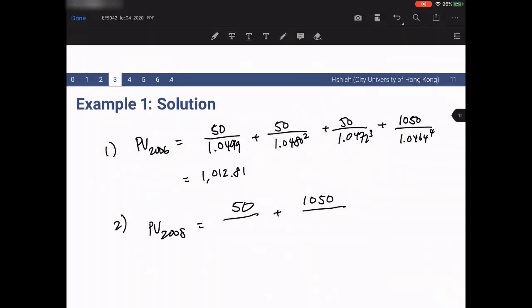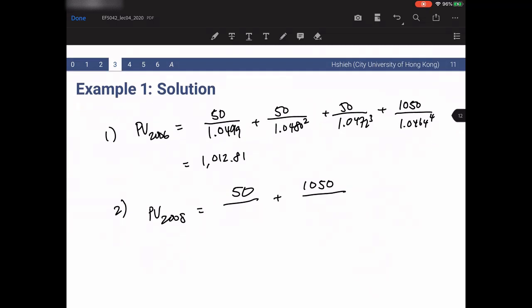So the discount rate for 2009, therefore, is 1.0091, and the discount rate for 2010 is 1.00982, and that's going to give me 1079.27.